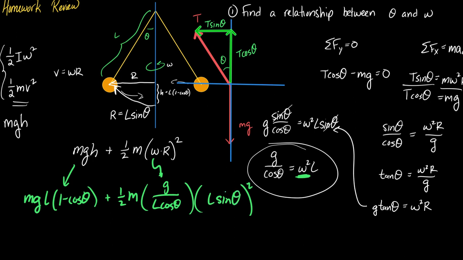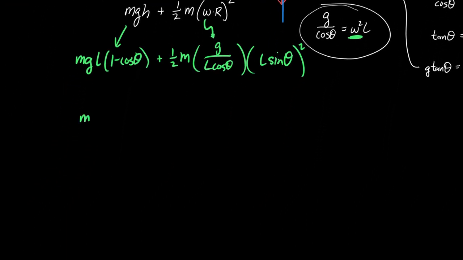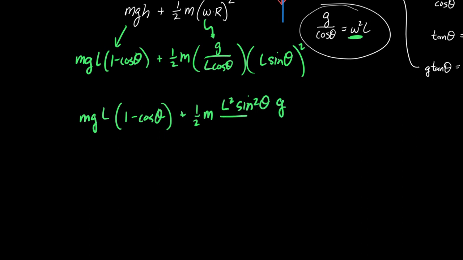Now this can be cleaned up some, and there's no reason not to. If you square the L, you'll get to cancel one of them. If you square the sine theta, you don't really gain anything, but you can. It's just going to look messy no matter what you do. I do want to clean it up a little bit so you see something. mgL times 1 minus cosine theta plus 1/2 m L squared sine squared theta times g over L cosine theta.